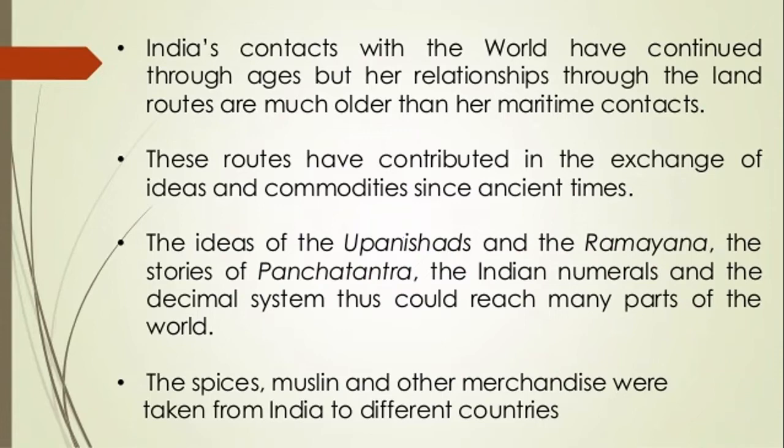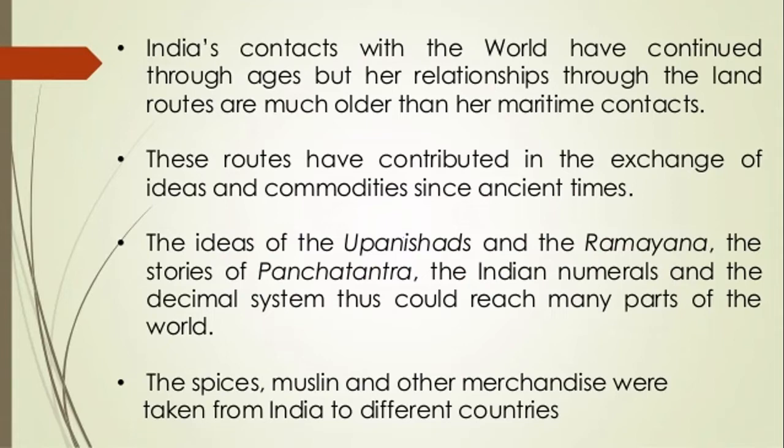These routes have contributed to the exchange of ideas and commodities since ancient times. So these routes have always benefited us in an exchange of ideas and commodities. The ideas of Upanishads and the Ramayana, the stories of Panchtantra, the Indian numerals and decimal system thus could reach many parts of the world.